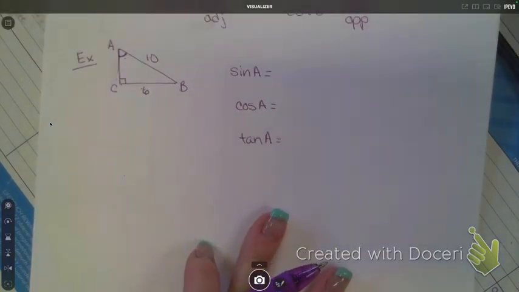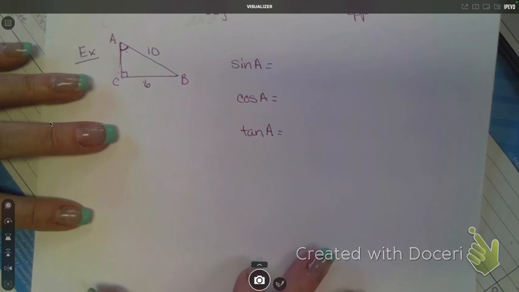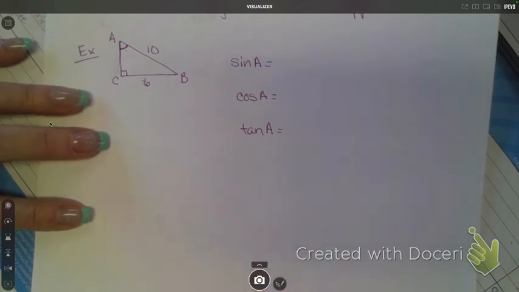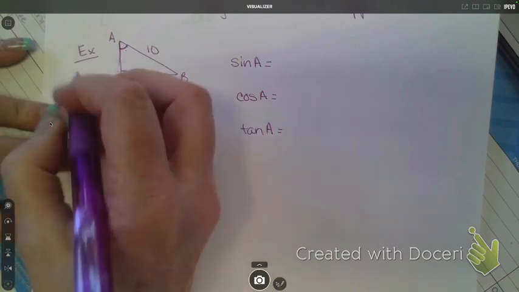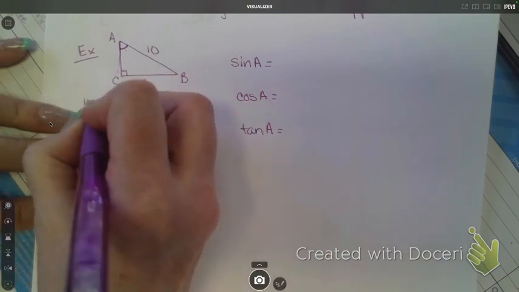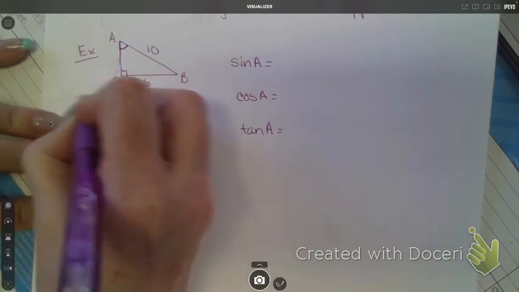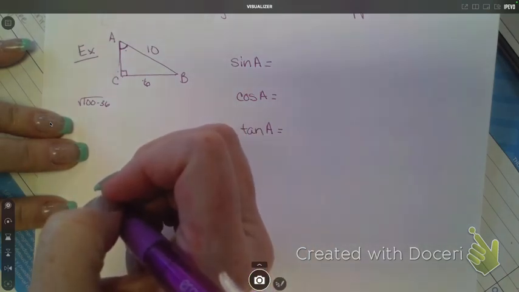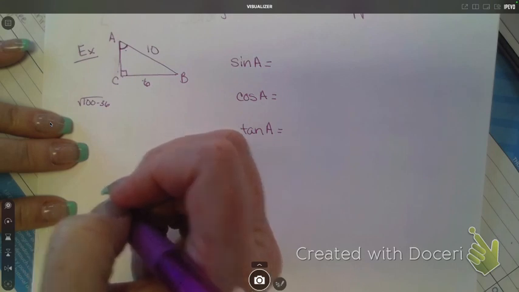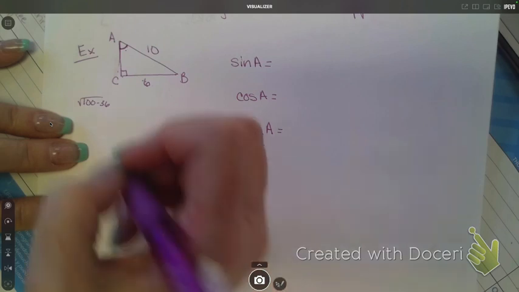The adjacent. How am I going to find the adjacent? Pythagorean theorem. Okay, so I'm going to have what? 100 squared minus 36. The square root of 100, not 100 squared.